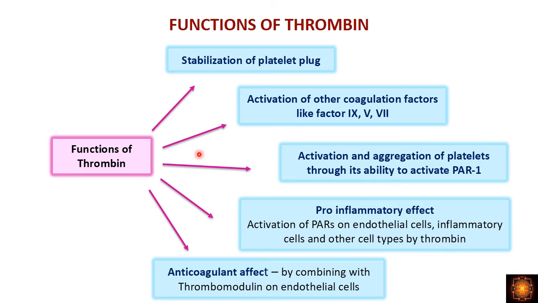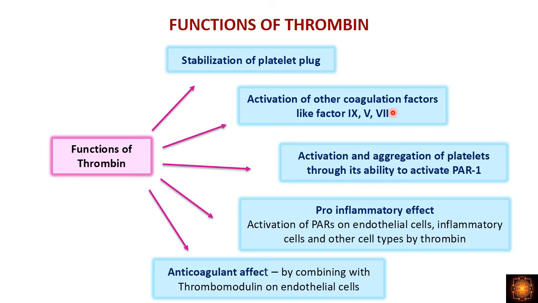Now, what are the other functions of the thrombin? So first of all, what we have seen is it causes the stabilization of the platelet plug. Another important function is it causes activation of the other coagulation factors like factor 9, 5 and factor 7. So whenever the coagulation factors are activated, you have the activation of the coagulation cascade.